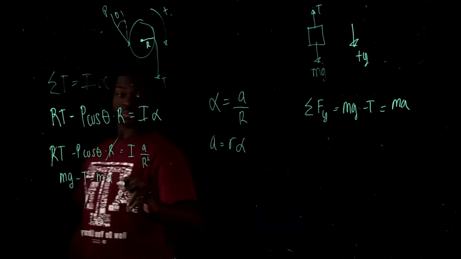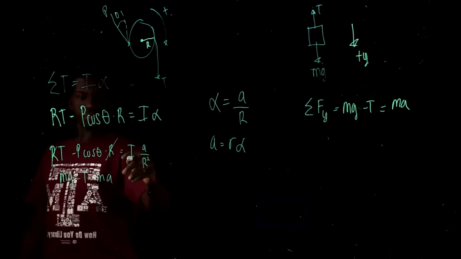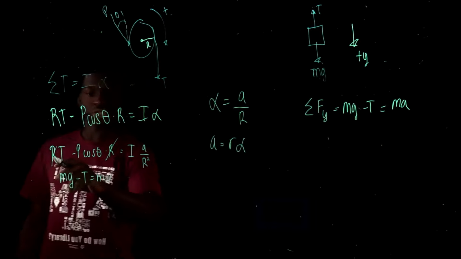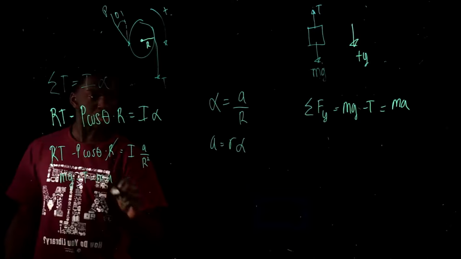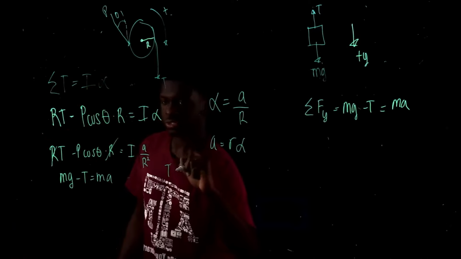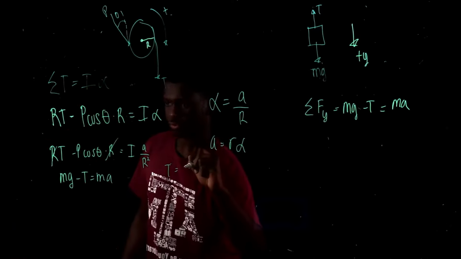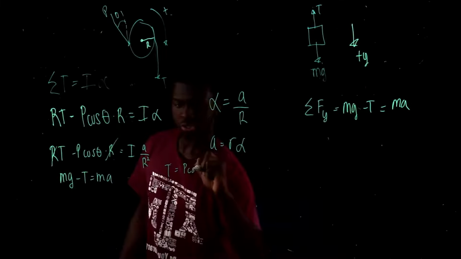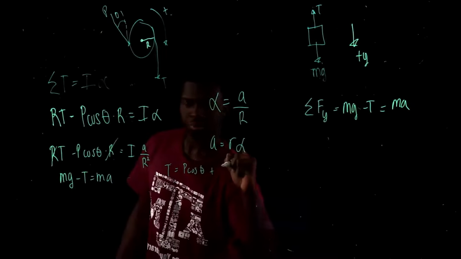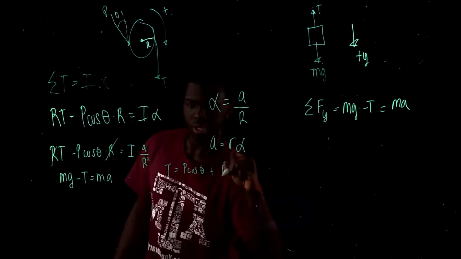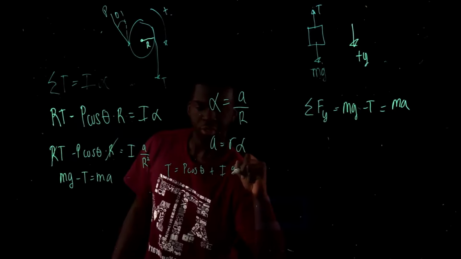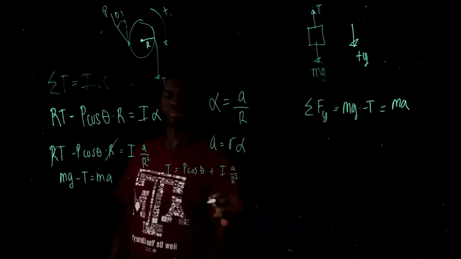Okay. So let's solve for T. So T is going to be equal to, based on this formula, T is equal to P cosine theta plus I A over R squared.